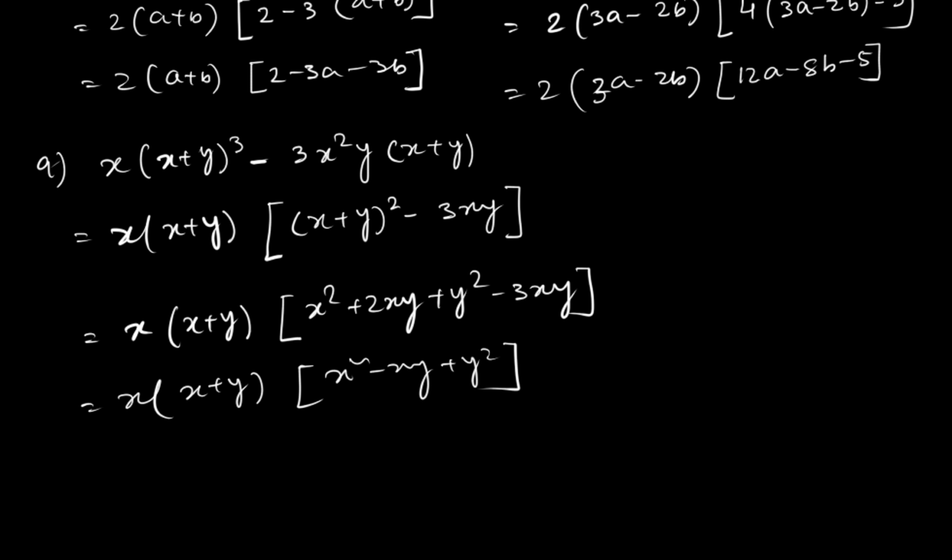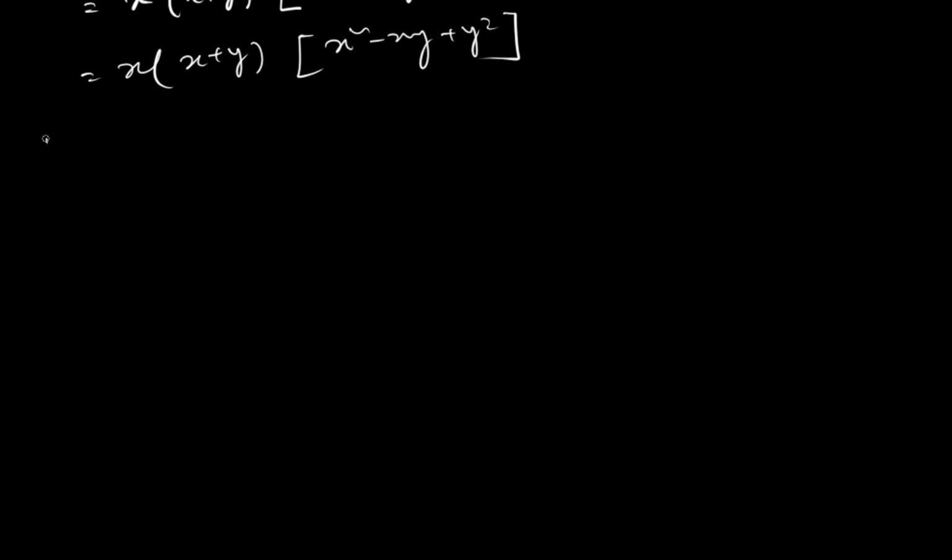So the next one, the 10th one. In the first part, this is the first part of the video, so we'll be solving the 11 questions only. It's given x cube plus 2x square plus 5x plus 10. From the first two terms, I can take x square common. I have to group them.